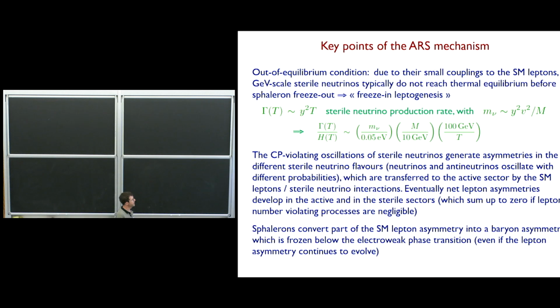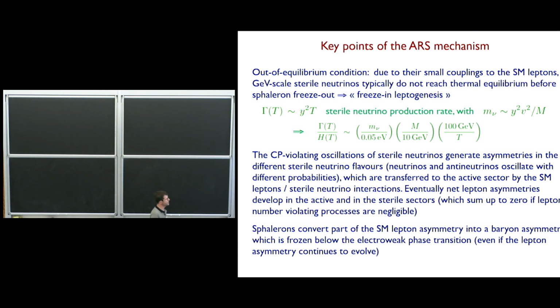And then, due to the interactions between the sterile neutrinos and the Standard Model leptons, you redistribute the asymmetries that you have created in the different sterile neutrino flavors into the different active neutrino flavors. This is what is written here.